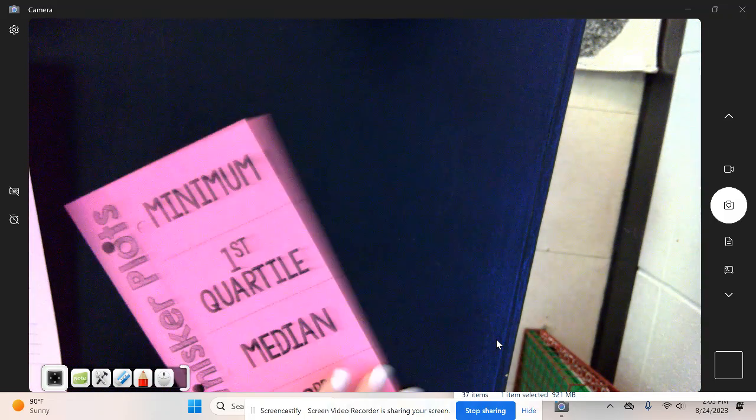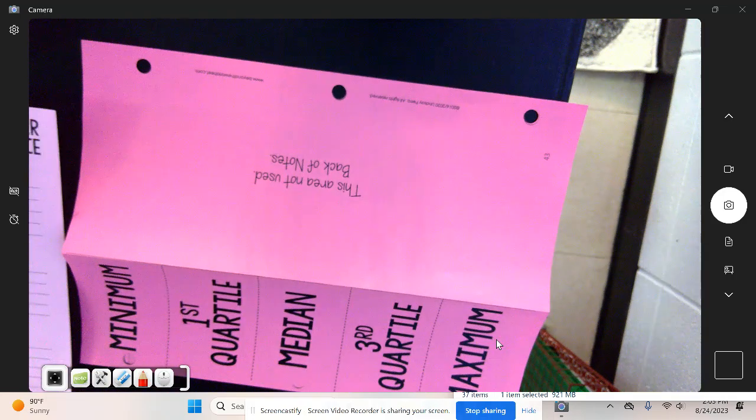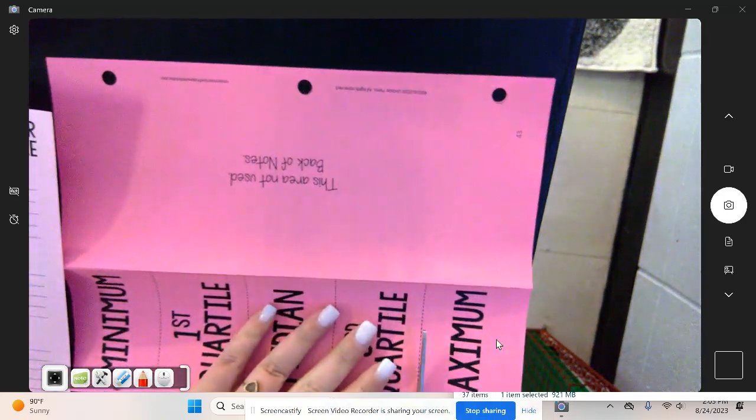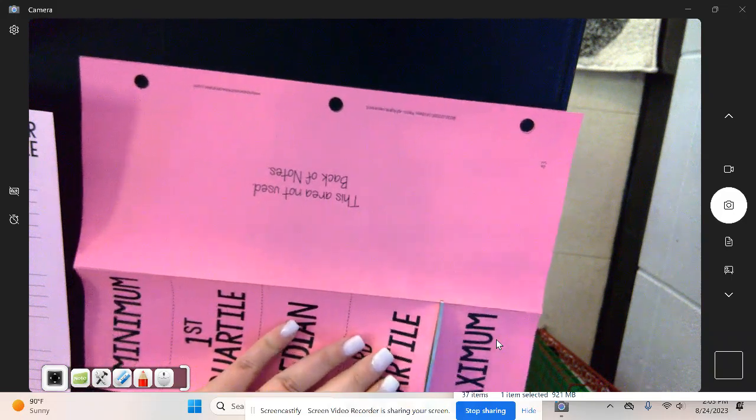Once you put your name on it, you're fine, you're going to do it right. What you're going to do is open it back up, and you're going to cut on the dotted lines until you hit the fold.